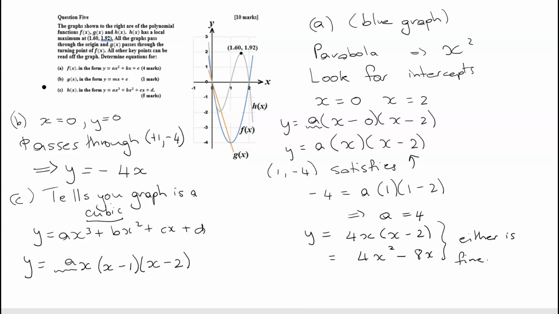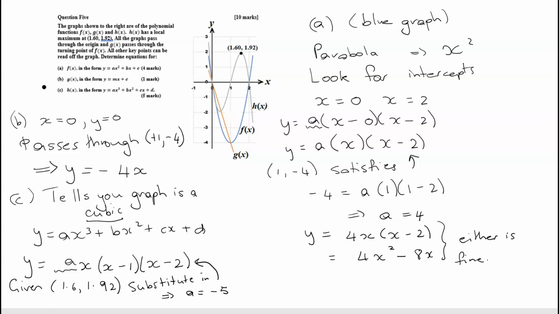We're told that it passes through (1.6, 1.92). And when we sub those in, we can get that a equals -5.